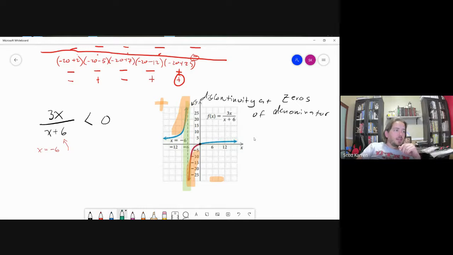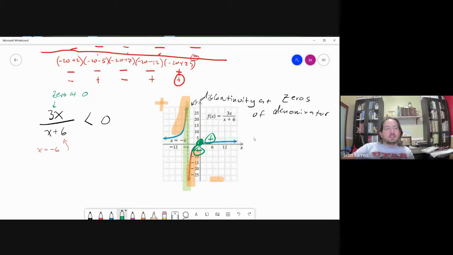The other thing is that we have a 0 of the numerator at x equals 0. That's right here. And again, on the left-hand side, I go from negative to positive. Just like on any other 0, I could change signs as I go through or bounce off that 0.